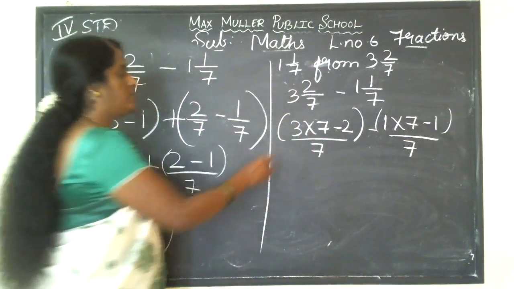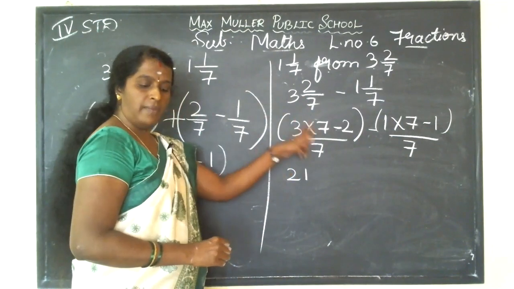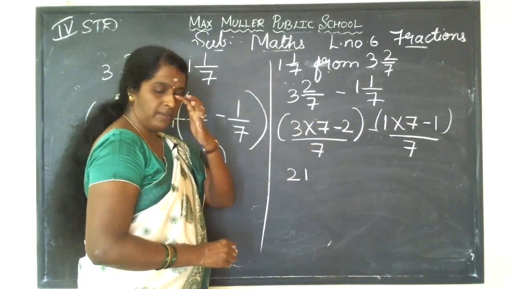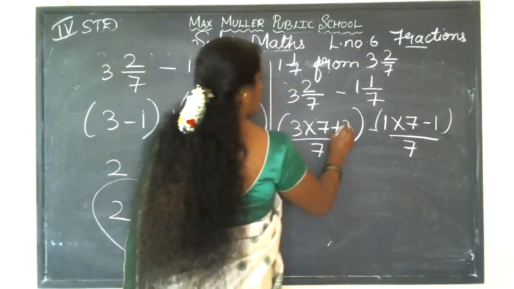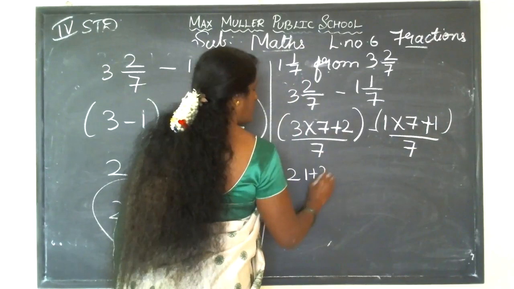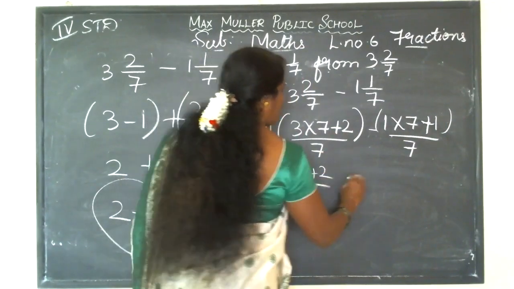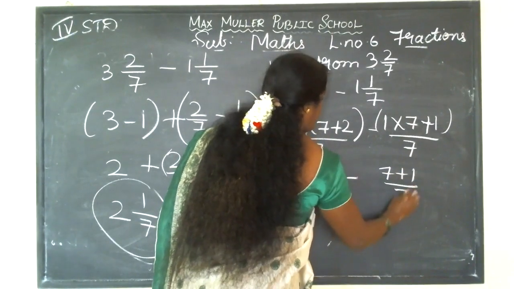Okay, children. So 7 3s are 21, plus 2 by 7, minus 1 7 is 7 plus 1 by 7.